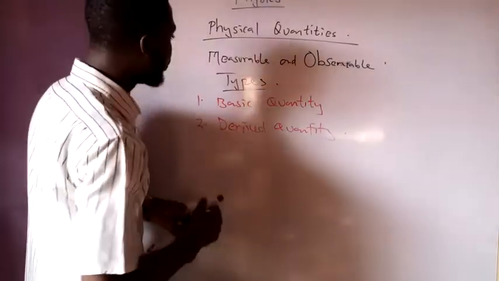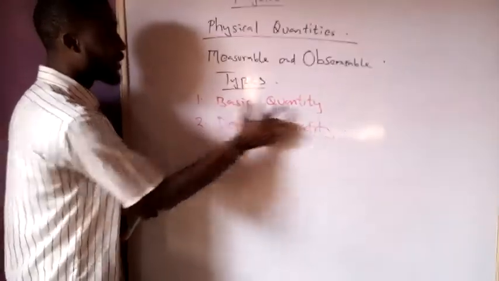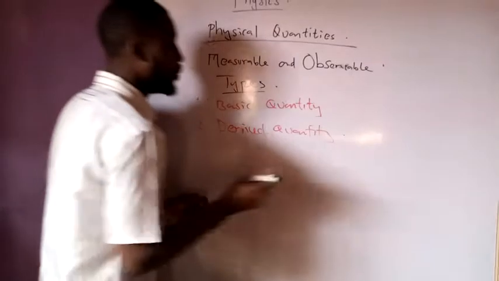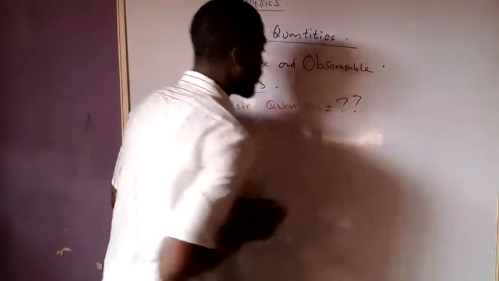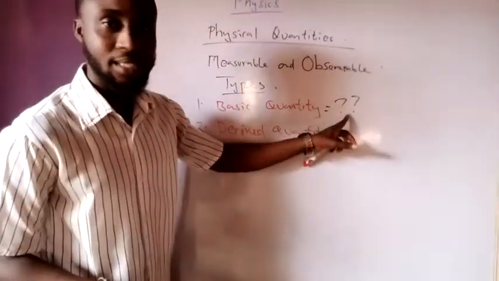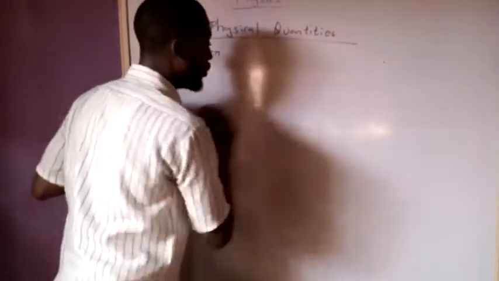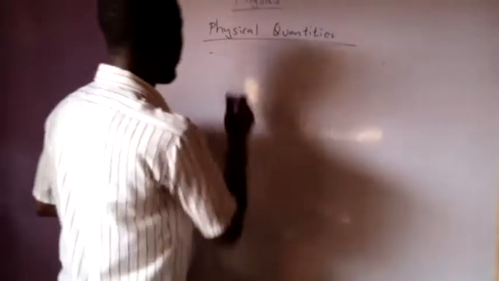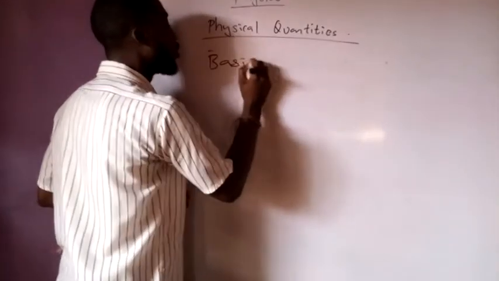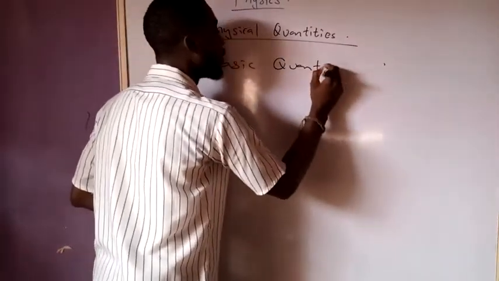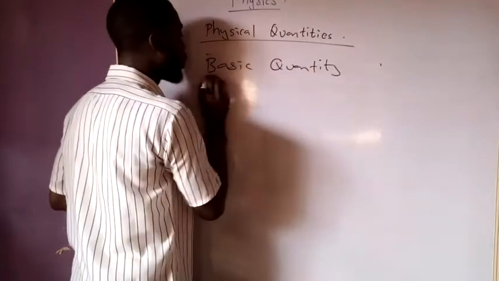Now, let us deal with basic quantity first. What is basic quantity? The word basic means primary, fundamental, the simplest form in which something can occur.